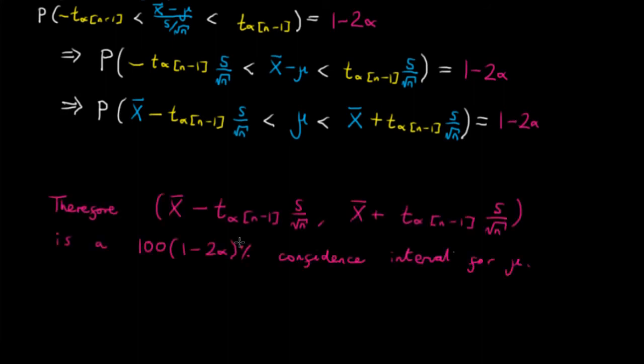And so if we look at that interval, which is exactly this interval that we had here, that is a 100 times 1 minus 2 alpha % confidence interval for the population mean mu.